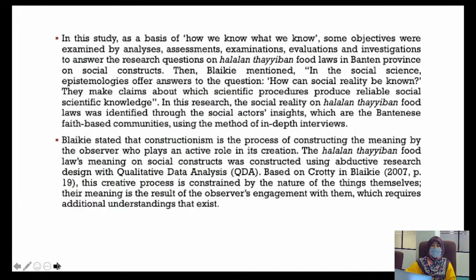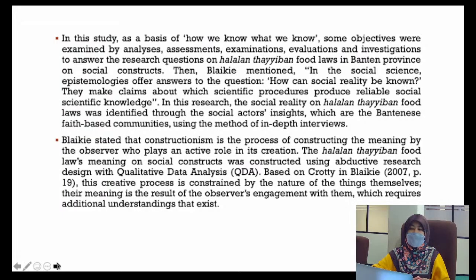In this study, as a basis of how we know what we know, some objectives were examined by analysis, assessments, examinations, evaluations, and investigations to answer the research question on Halalan Toyyiban food laws in Banten Province on social constructs. Then Blakey mentioned, in social science, epistemologies offer answers to the question, how can social reality be known? They make claims about which scientific procedures produce reliable social scientific knowledge.